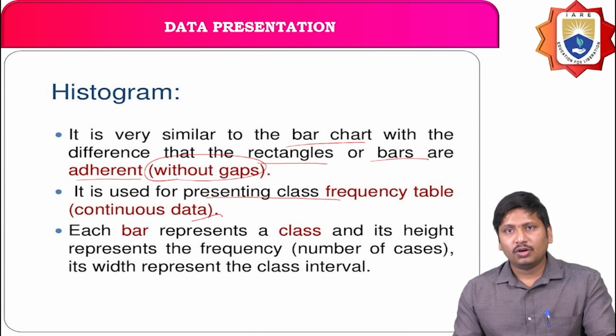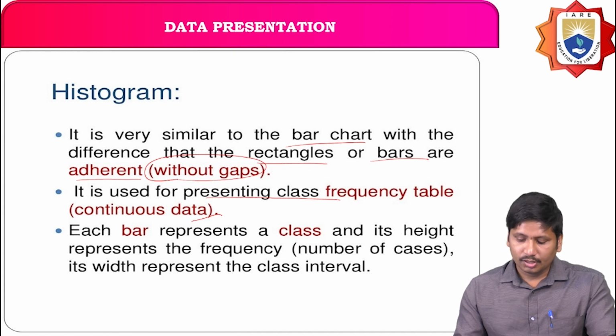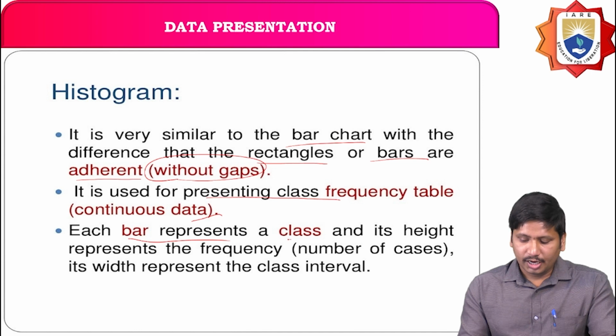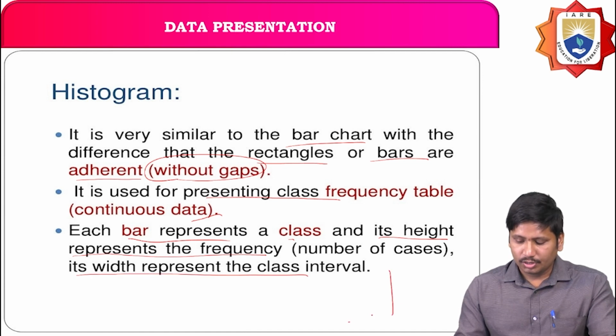So for continuous data, all the time we have to make use of this histogram frequency table, and each bar represents a class, its height represents the frequency, that is the number of cases, and its width represents the class interval. Suppose this is the histogram we are having.